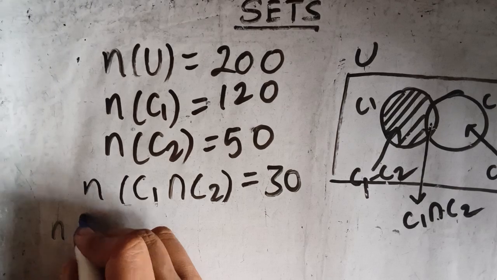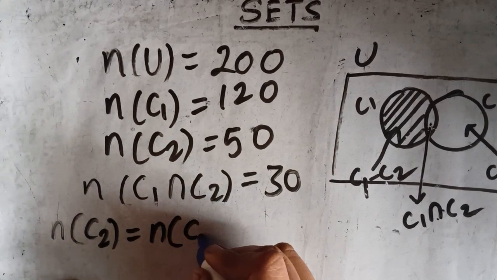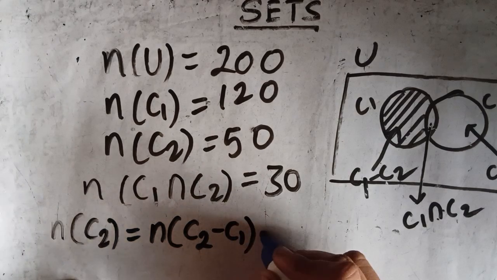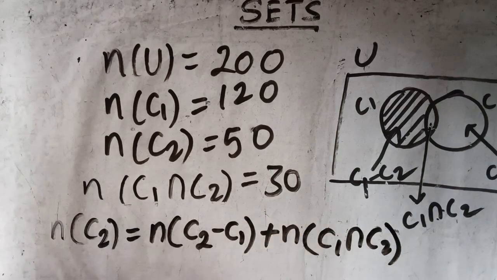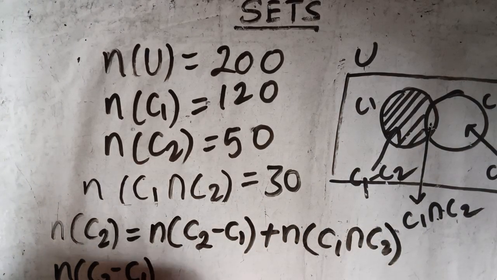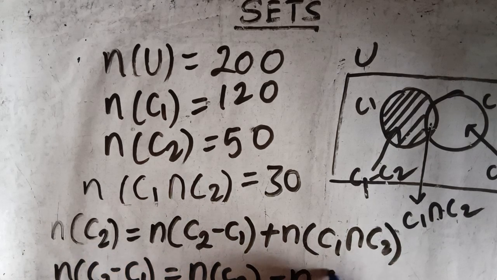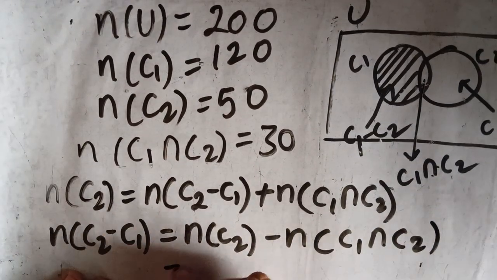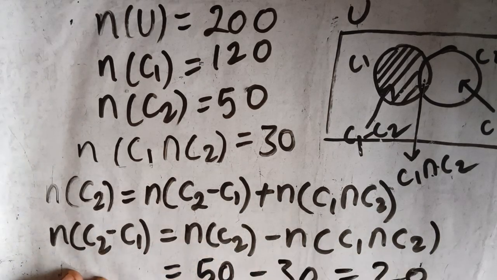So the number of elements in C2 is the number of elements in C2 minus C1 plus the number of elements in C1 intersection C2. So we need C2 minus C1. C2 is 50, minus 30, so this is 20.